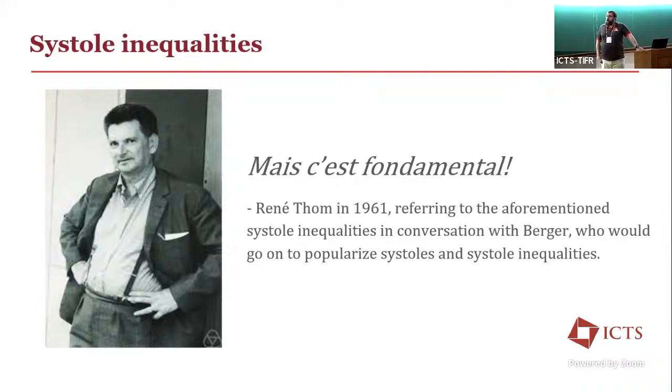The reason, I suppose, is that geometric invariants are just inherently interesting. If you have an inequality relating several of them, that's doubly interesting. If you can prove your inequality is optimal, best possible, that's especially interesting. Apparently, this conversation really motivated Berger, who probably more than anyone would go on to popularize systoles and these systolic inequalities.